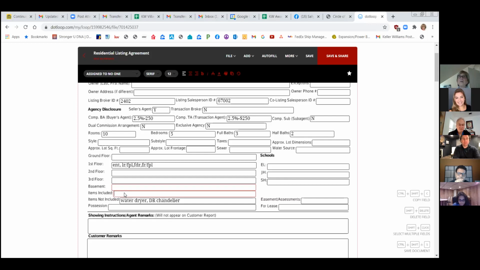So if your sellers want to include the washer dryer, which is also not attached, or a refrigerator, they should put it in the items included, because that could be something that would appeal to a buyer.